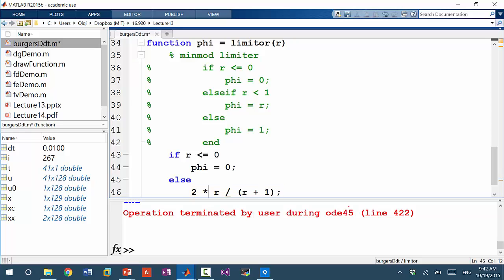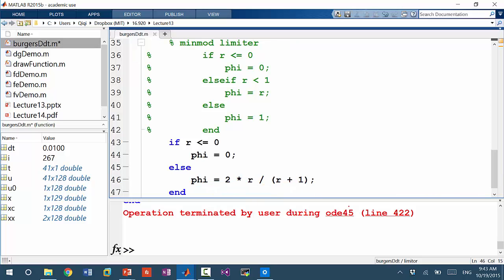I have phi equal to that. Let me make sure what happens when r is either infinity or not a number. If r is infinity or not a number, we don't want phi to be infinity or not a number, so this formula cannot really be used like that.